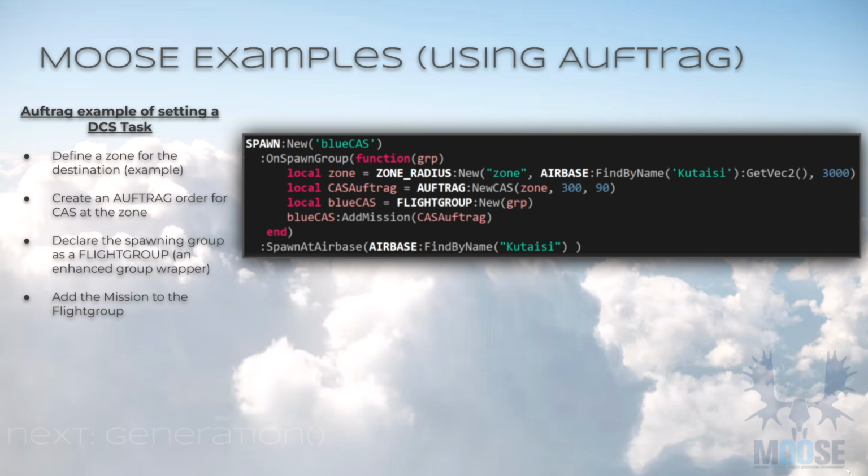We then simply add that mission to the flight group, and the group then spawns at Kutaisi. It has its task, it has its direction, its waypoints, its mission task, and its en route task. We could also add options earlier on to this.